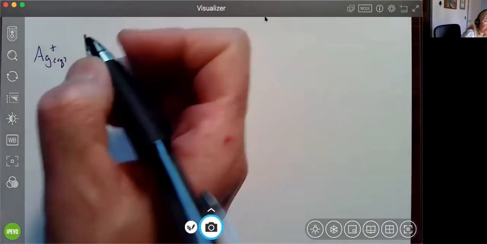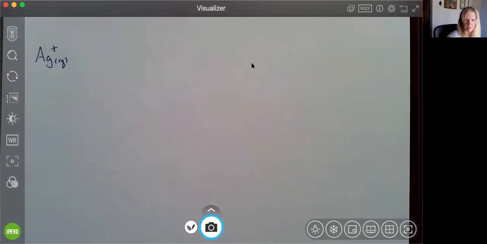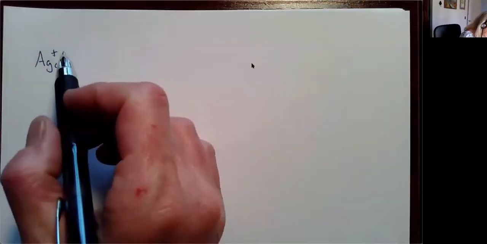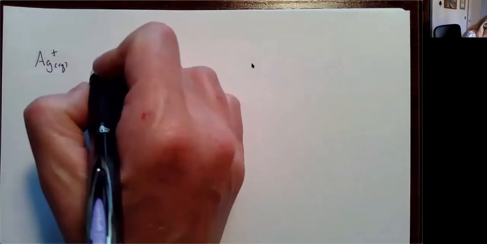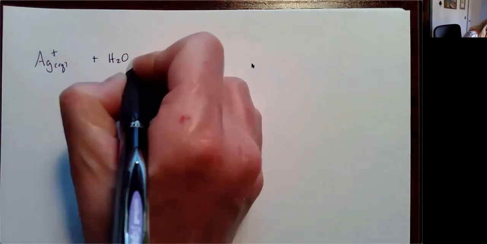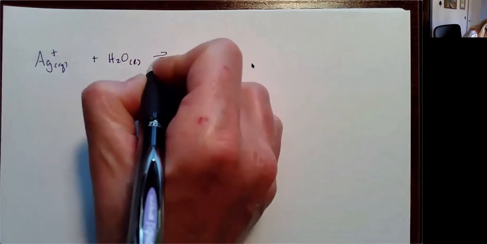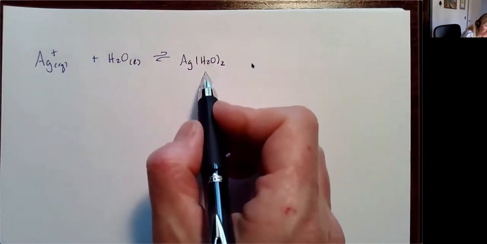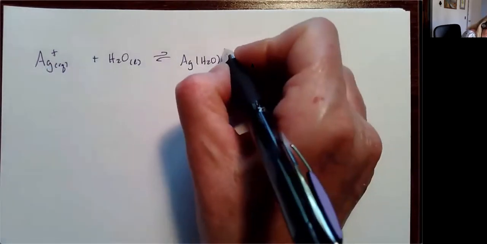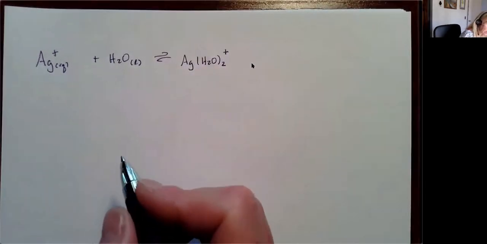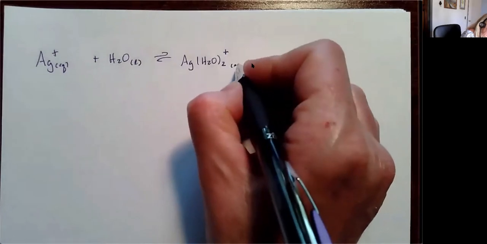If we just take silver again, if I just have silver ion in solution, maybe from silver nitrate, and I have it in water, the aqueous denotes that it's in water, it's going to have this equilibrium that looks like this, where it's going to hang out with two waters. Water is neutral, so the charge is going to come over with it. It's still going to be charged, but it's going to be complexed with that water.